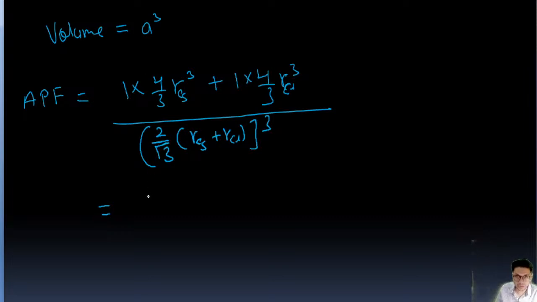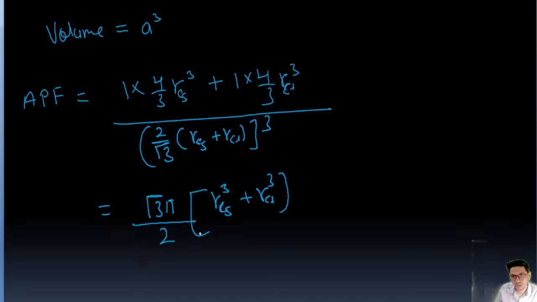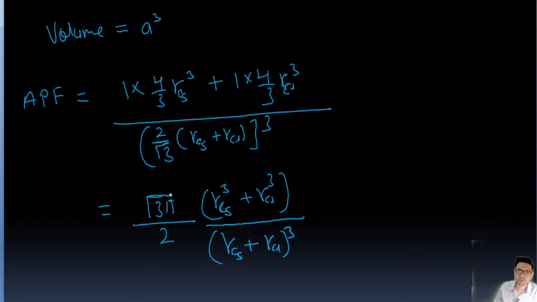This will go above, so APF equals root 3 pi by 2 into (R_Cs cube plus R_Cl cube) upon (R_Cs plus R_Cl) whole cube.